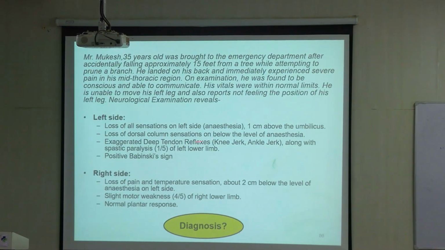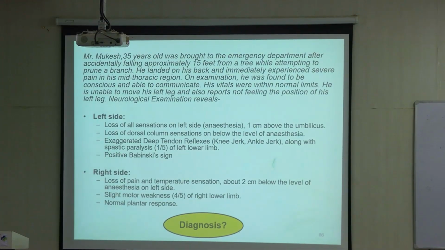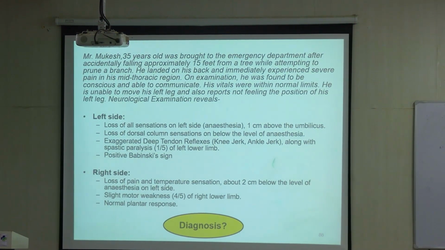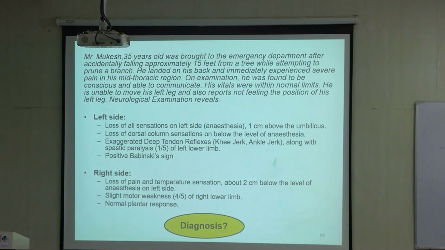So loss of all sensations approximately 1 centimeter above the umbilicus, right? Loss of dorsal column sensations below the level of anesthesia on the affected side. Exaggerated deep tendon reflexes with spastic paralysis of the left lower limb and a positive Babinski sign.